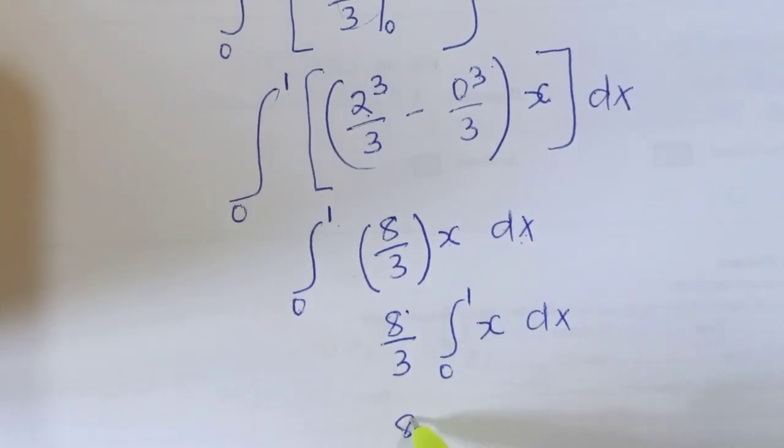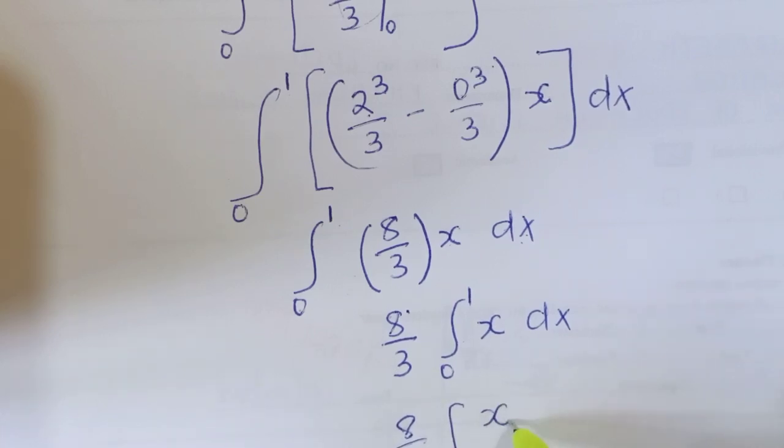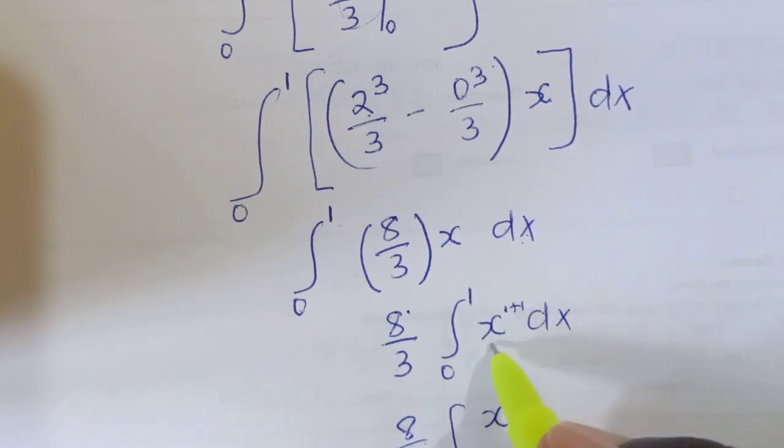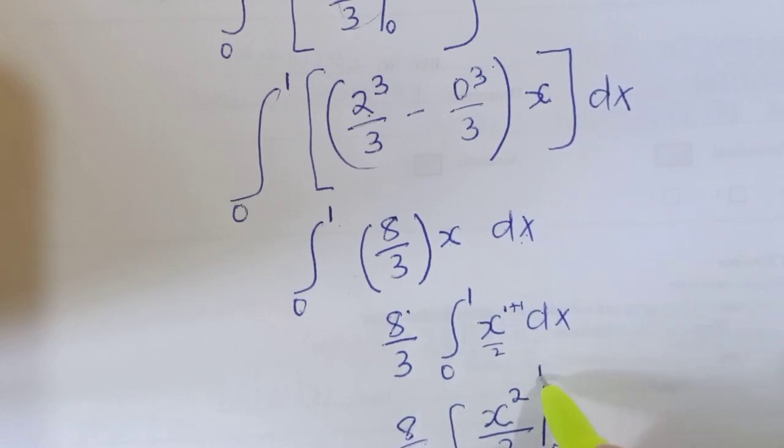Then I will have 8 over 3 outside, into x squared, because this is raised to power 1, and therefore I will add 1 to the power and also divide with the new power. That means we shall have x raised to power 2 over the new power, which is 2, and I will take the limits from 0 to 1.